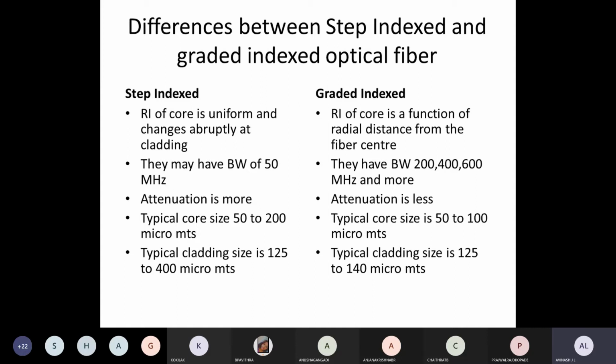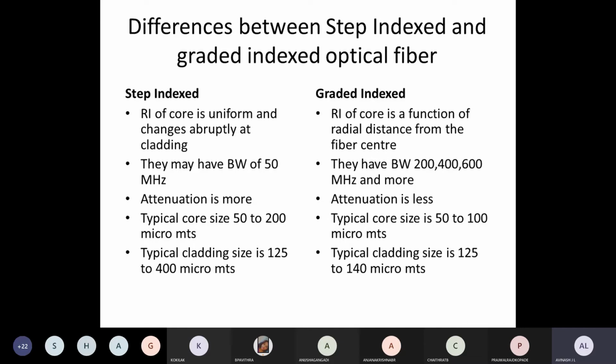Since it is step index fiber, usually one particular mode is propagated, so there is a bandwidth limitation. Since it has only one refractive index, the bandwidth is 50 megahertz, whereas in the graded indexed fiber it is 200, 400, 600 megahertz and more.